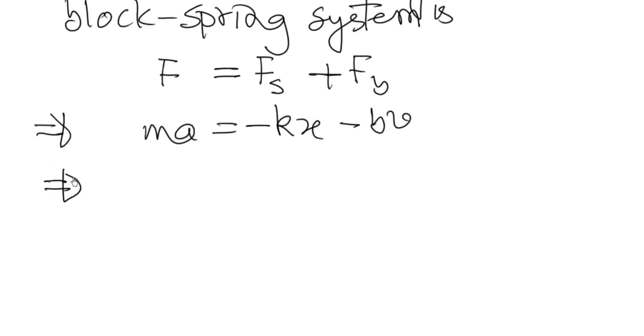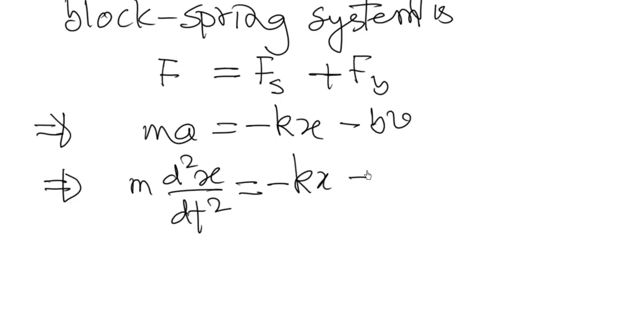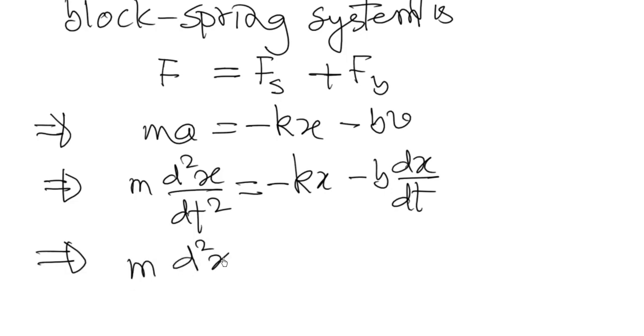Okay, which can be written as mass into acceleration, the second derivative of position with respect to time, and velocity is the first derivative of position with respect to time, which can be written as... just bringing these two terms on the left hand side.